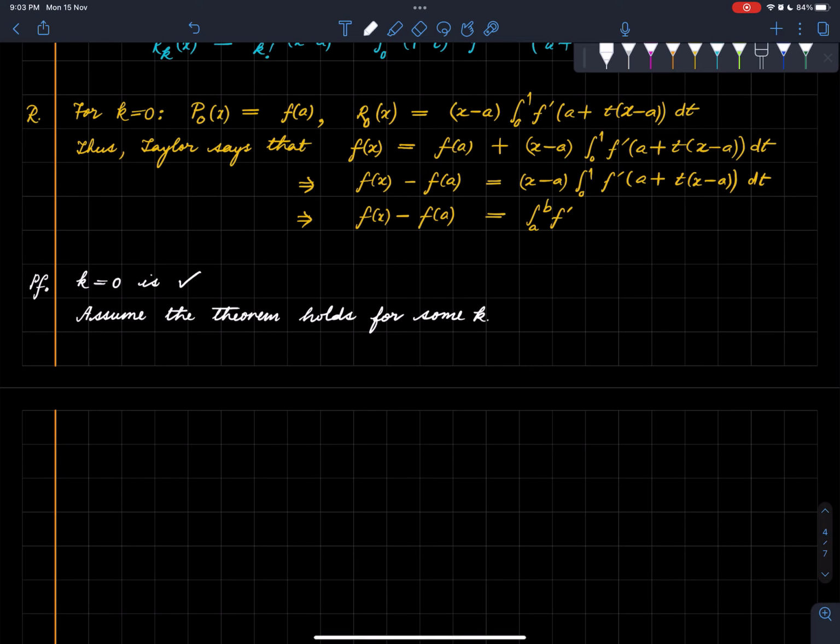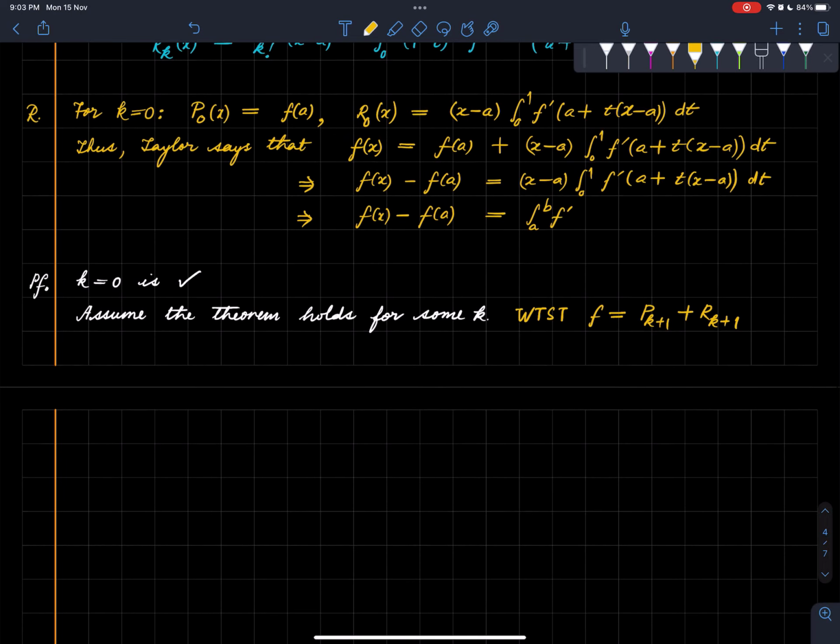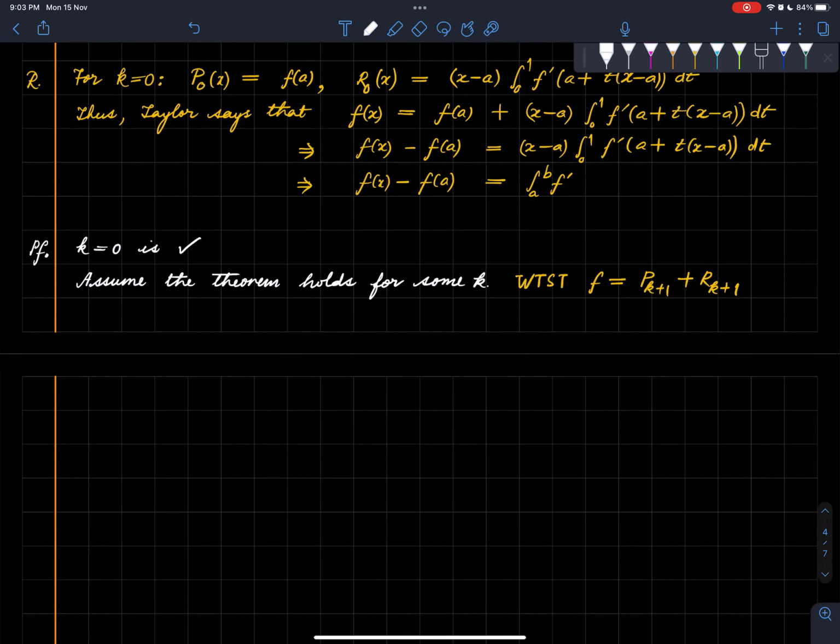So we want to show that f is p_{k+1} plus r_{k+1}, where we are assuming f is a C^{k+2} function.